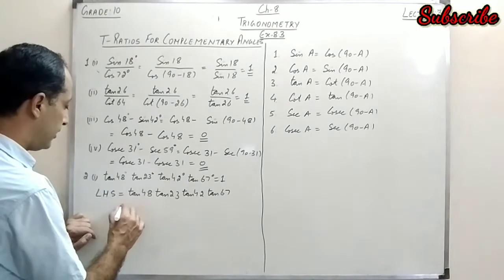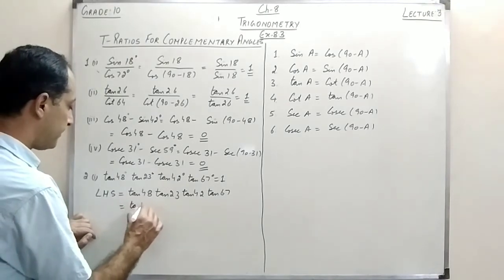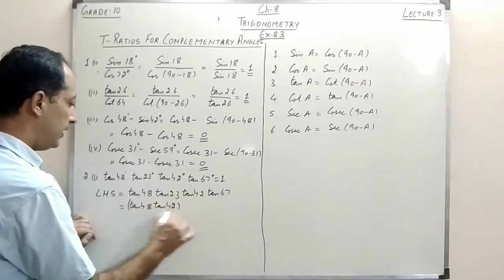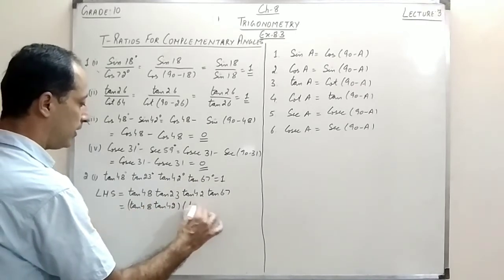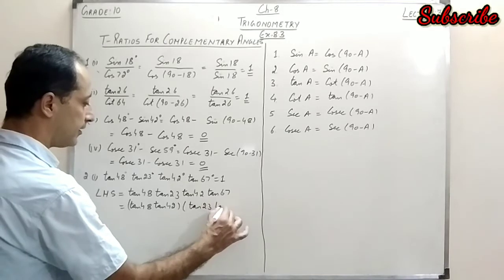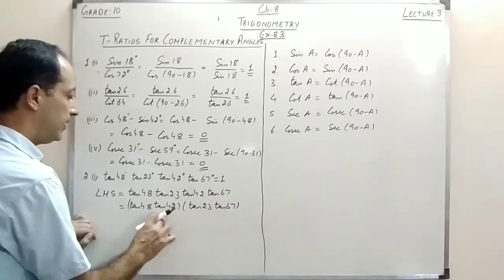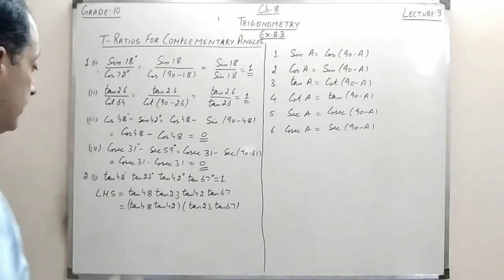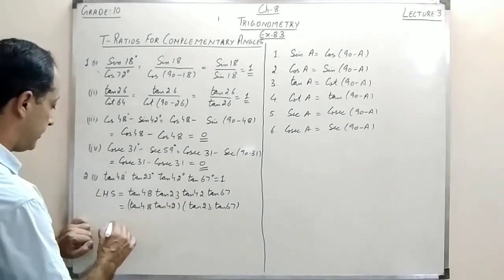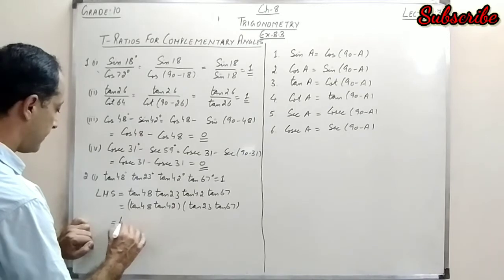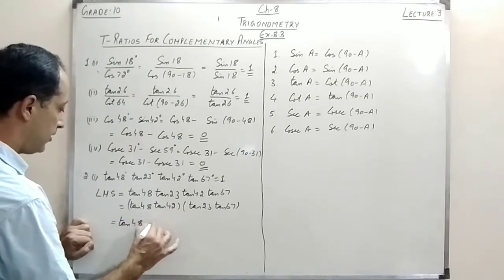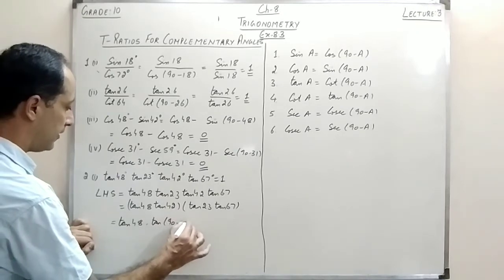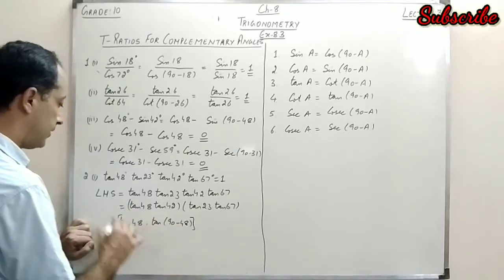So I just write this way, tan 48, tan 42, and on the other side I write tan 23 in the other bracket and tan 67. Now from these pairs I can change one of the angles. I suppose I change the first one, I write it as tan 48 into tan of 90 minus 48. Put the big brackets.